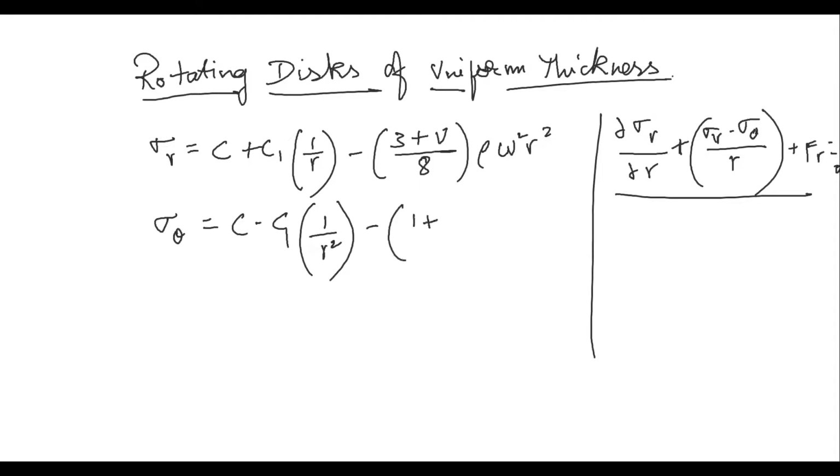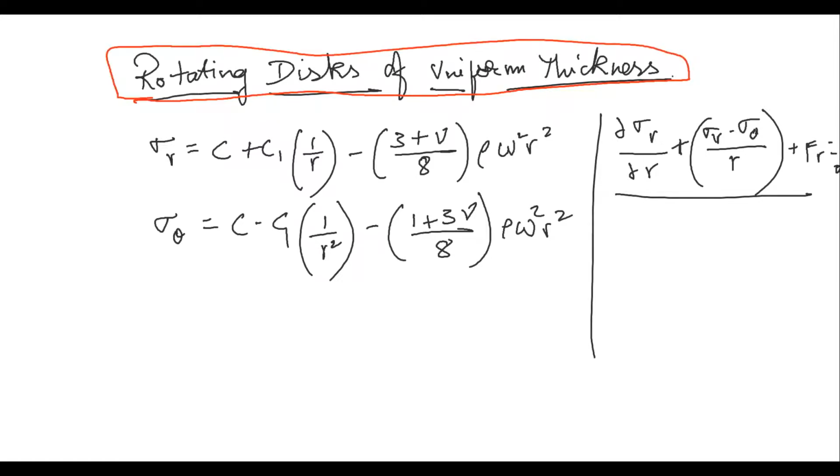Minus (1 plus 3 into Poisson's ratio) divided by 8 into rho into omega square r square. So these are the general equations for the rotating disk. For this case, the stress values are these.